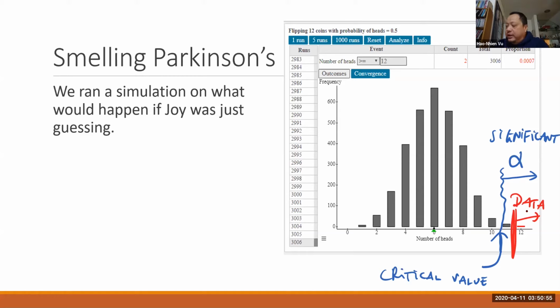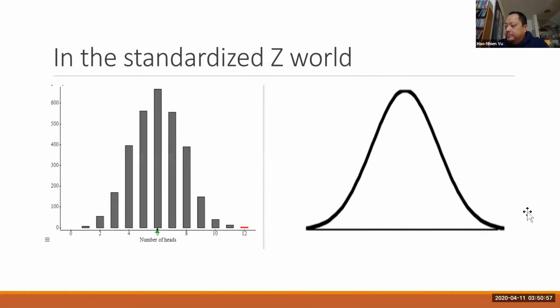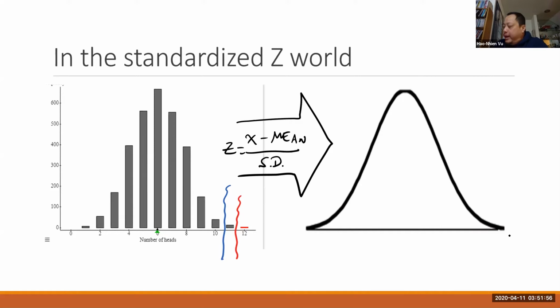And let's translate this into language we've seen. This is how significant we want Joy's performance to be. This is Joy's actual performance. If we translate the whole thing into the standardized world of z-scores, then we would have the z-curve on this side. The significance is translated to this part, and the actual data would give us the information from this part.